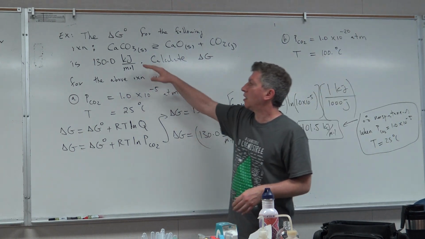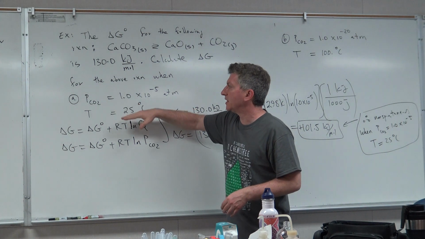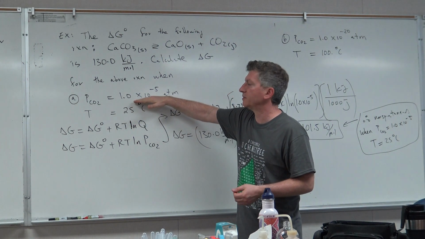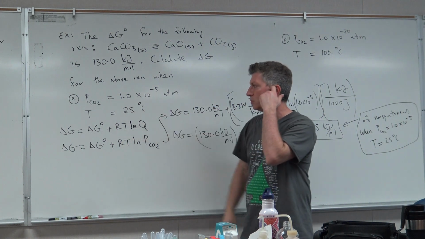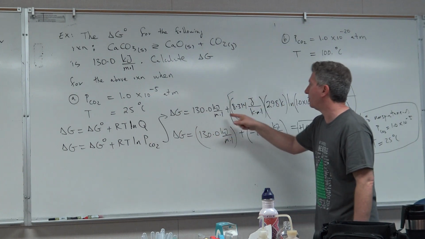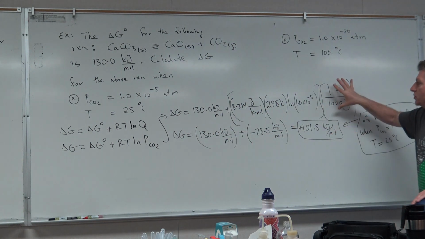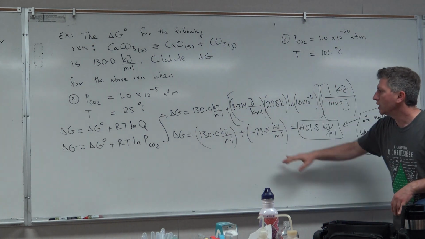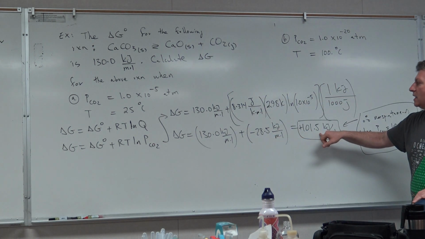So now, we want to figure out what is the delta G if the partial pressure of CO2 is lower than 1 atmosphere. It's like 1 times 10 to the power minus 5 atmosphere, and the temperature is 25 degrees Celsius. Well, to calculate that, again, we use the formula, and I plug in the numbers. And of course, you're going to convert this into kilojoules. Don't forget, because this is in kilojoules. So then the delta G will be a little less positive.